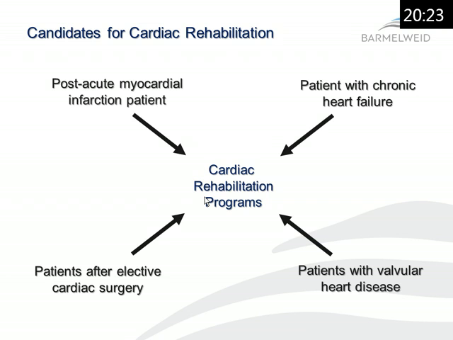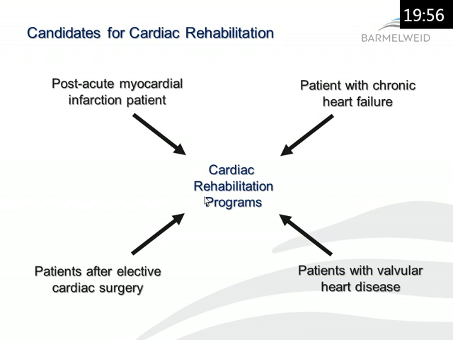You can have a patient with chronic heart failure. Then you know that probably his problem is not the acute event. This is another picture of this patient. He has probably decreased exercise capacity, decreased left ventricular function, but it's a little bit different from the post-acute myocardial infarction patient.